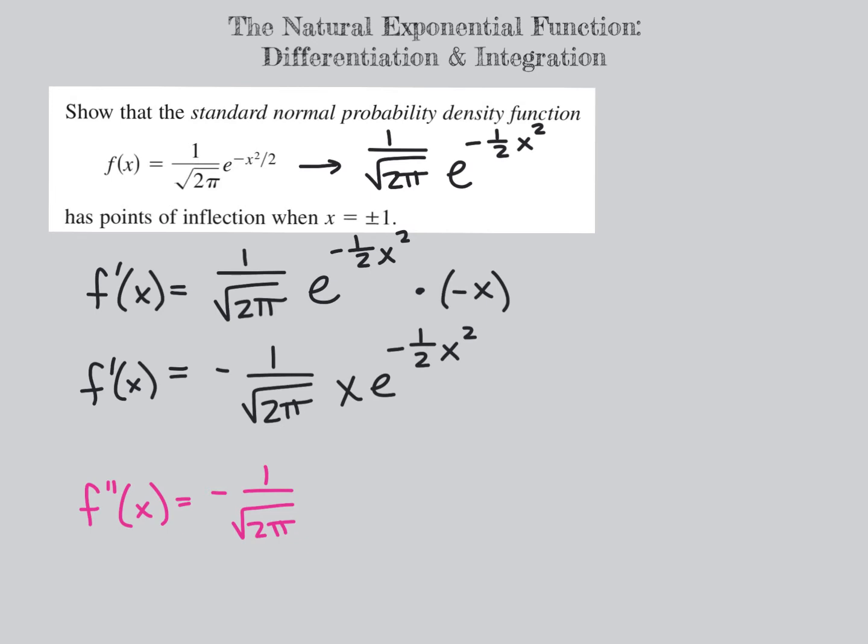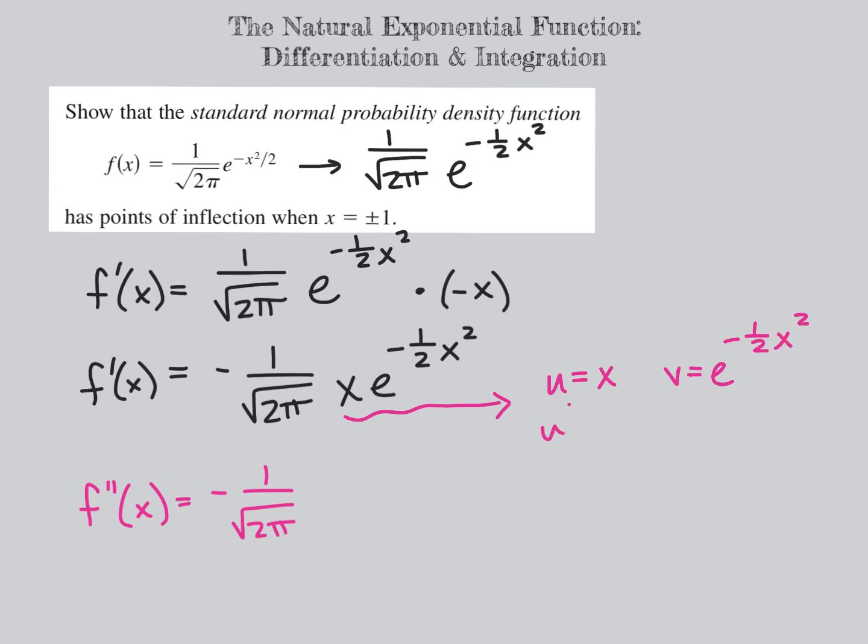Now, in the previous example, the product rule was just from x times e to the x. It was a little bit simpler. In this case, our e to the x function is more complex, so I'm actually going to write off to the side the u, v, u prime, and v prime of the product rule. So we'll say our u is just x, it's the first factor of our product, and then v is e to the -1/2 x squared.